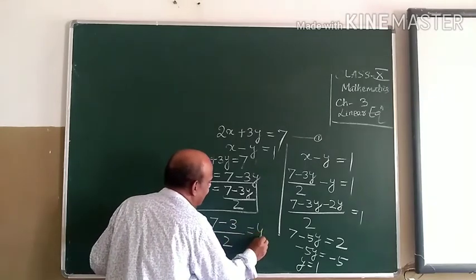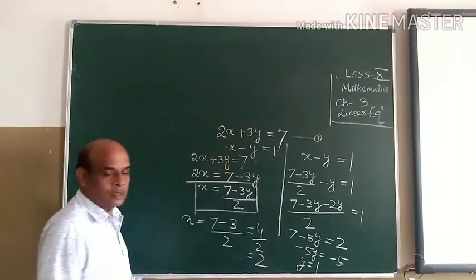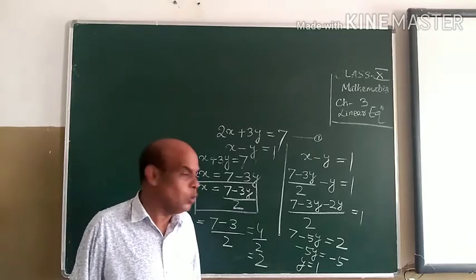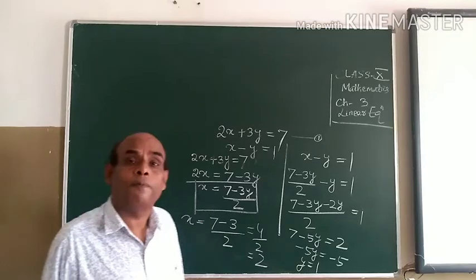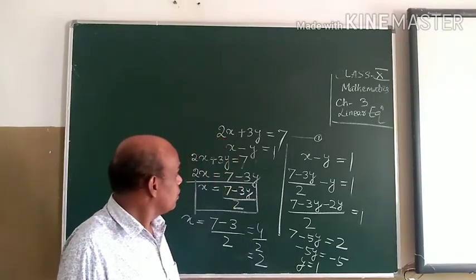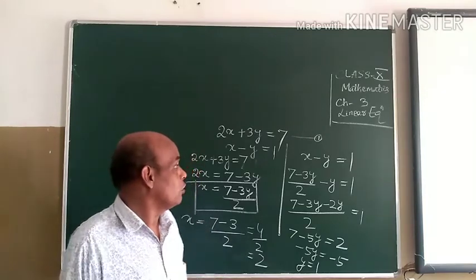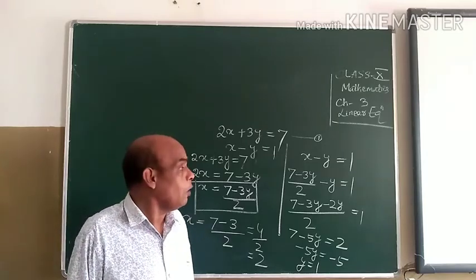So 4 by 2, that I got 2. So I got the value x is equal to 2, y is equal to 1. This type of solving the equation is known as the substitution method.